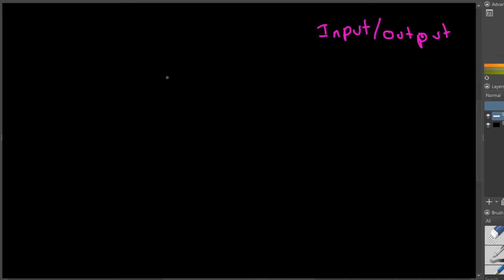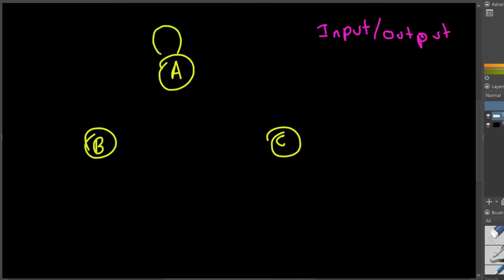So first I'm going to create 3 states: state A, state B, and state C. For the first one, we are going to have input 0, output 0.